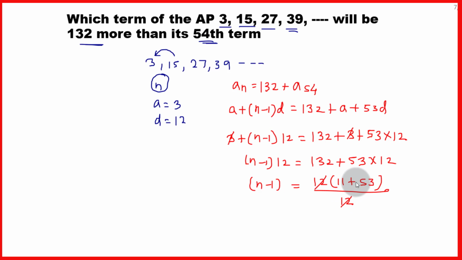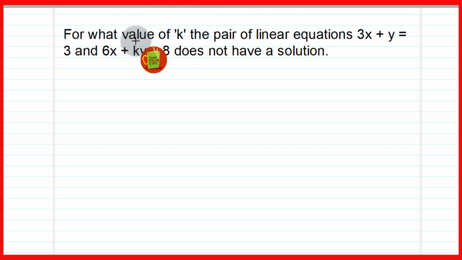So 12 and 12 will get cancelled, and so it will be 11 plus 53, that will be 64, and if you take 1 to this side it will be plus 1, and so n is equal to 64 plus 1, that is 65, and so we are getting n is equal to 65, and hence the 65th term of the given AP is 132 more than its 54th term.